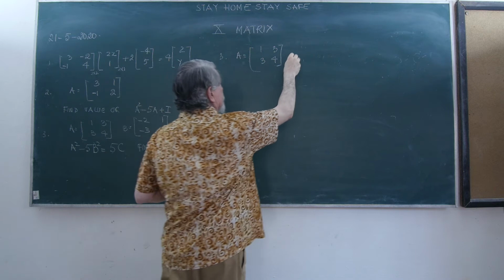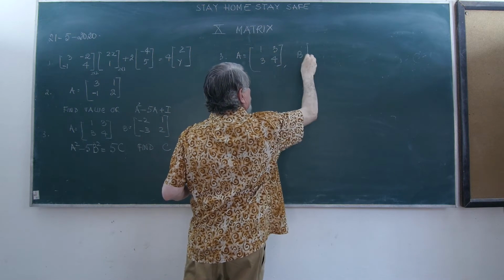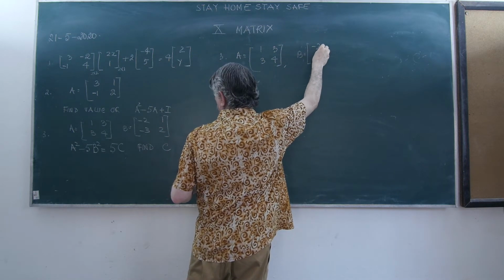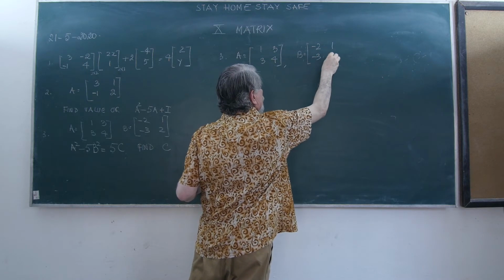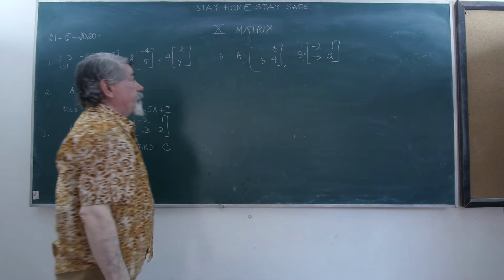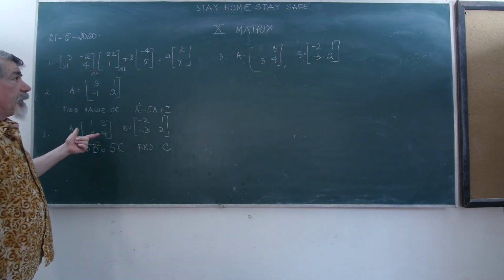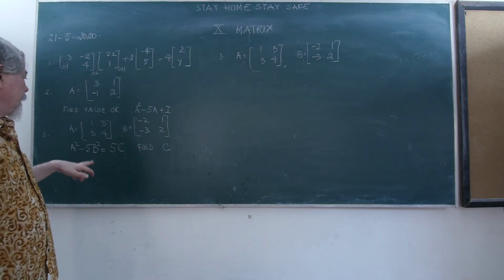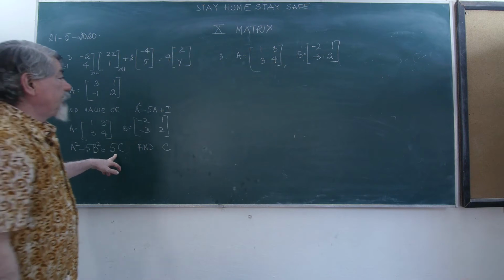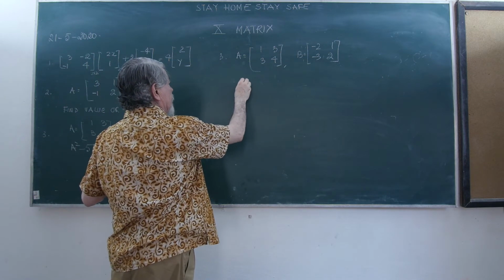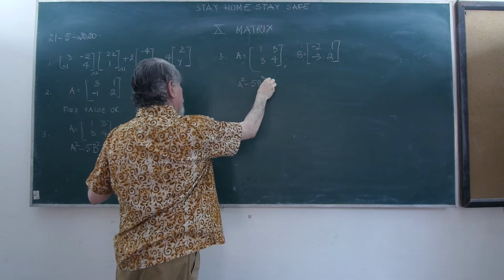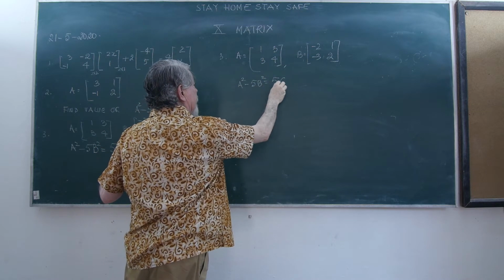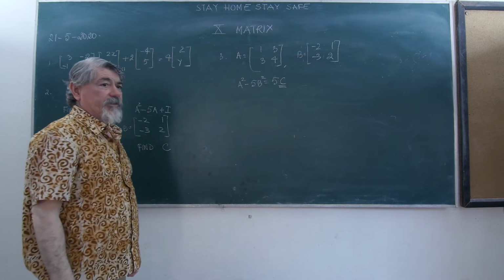And B is minus 2, 1, minus 3, 2. We have got the matrices A and B given as follows. He wants you to calculate A square minus 5B square equal to 5C. He wants you to calculate the matrix C.